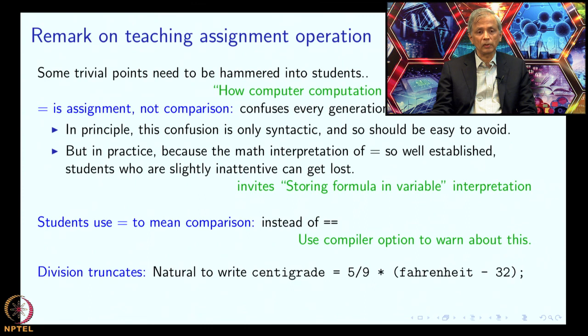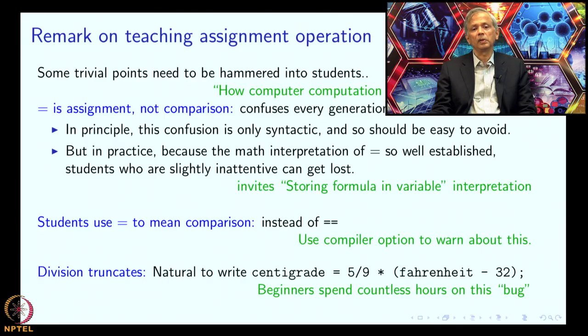Another point about operators is that division truncates. I might write the following statement: centigrade equals 5/9 times Fahrenheit minus 32. The value of centigrade will be set to this. Unfortunately, 5 upon 9 will be evaluated first, and that division is truncating. So many students are going to make this mistake. I think this really is a language problem, and the language should do something about this.